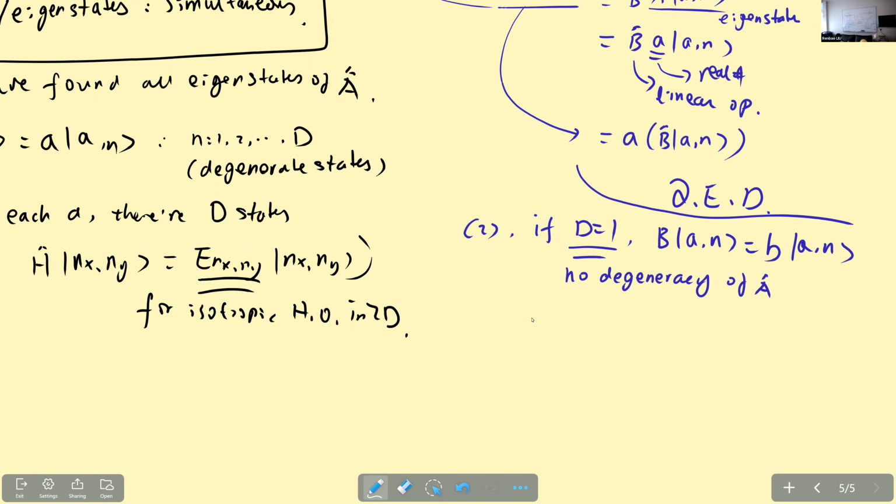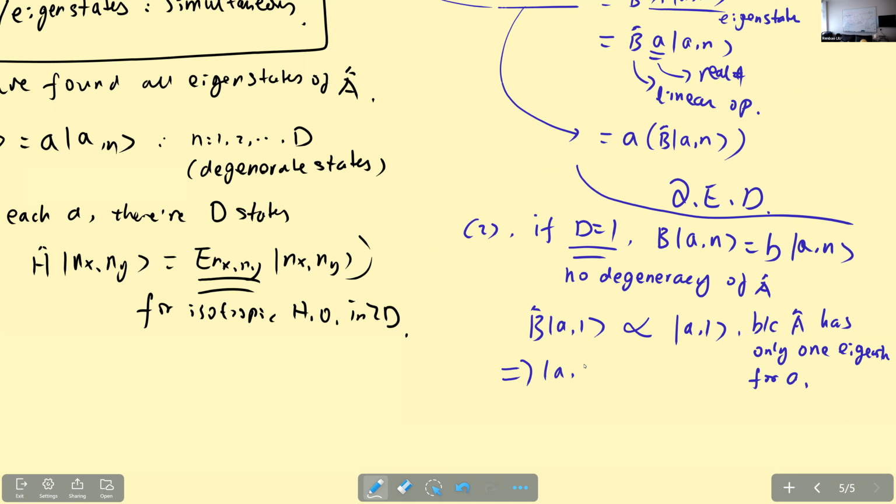So B acting on A1 should be proportional to A1, because A has only one eigenstate with that eigenvalue. So that means A1 is also an eigenstate of B.